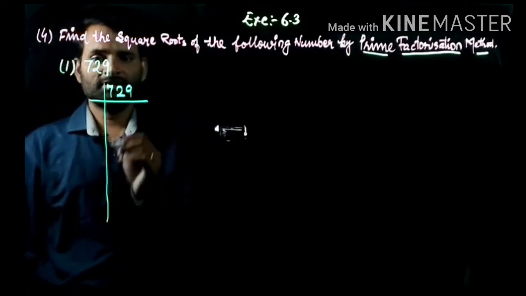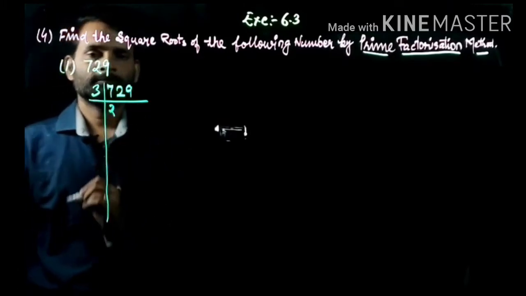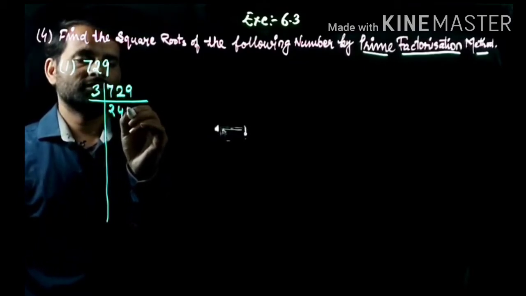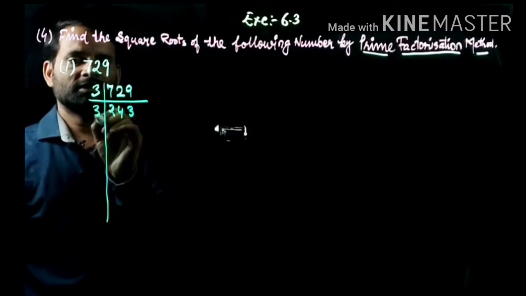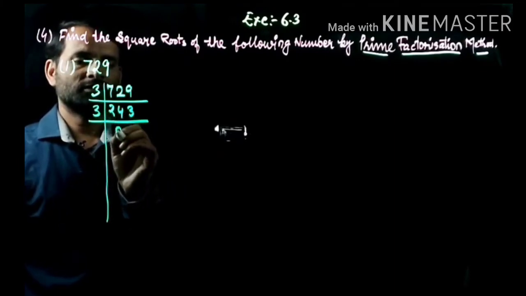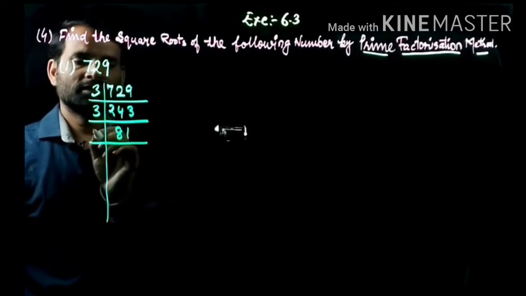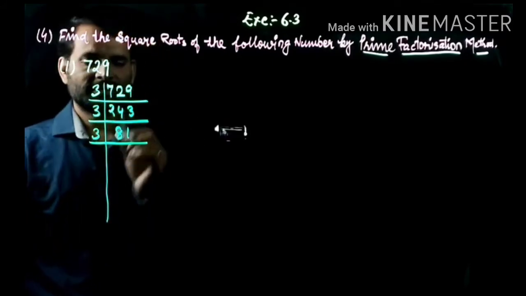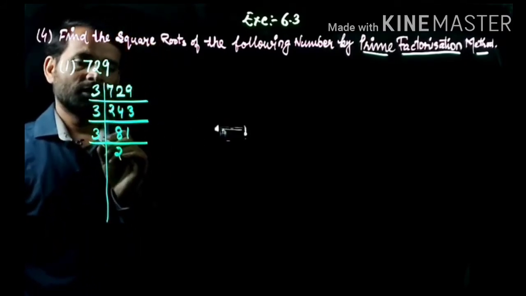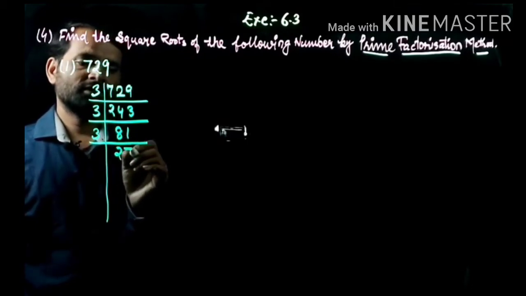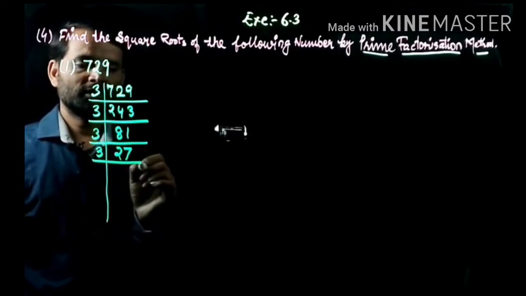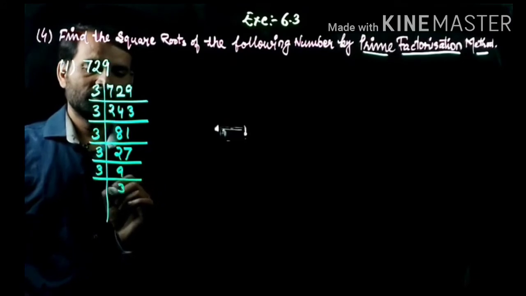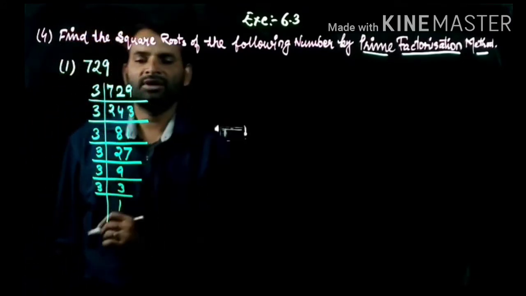Okay, 9 is divided by 3, 3 twos are 6, 3 fours are 12 and 3 threes are 9. Again 3 eights are 24 and 3 ones are 3, again 3 ones are 3, 3 twos are 6, 3 threes are 9, and 3 sevens are 21, again 3 nines are 27, then 3 ones are 3. That completes the factorization.